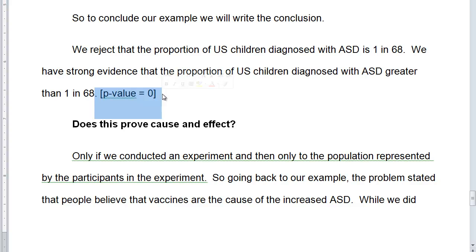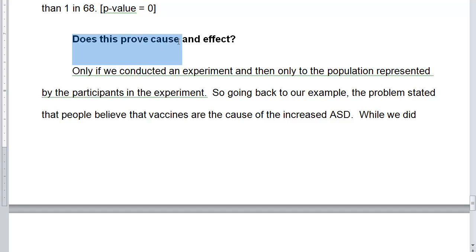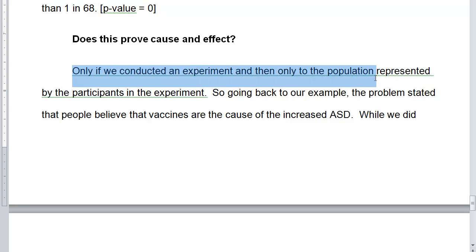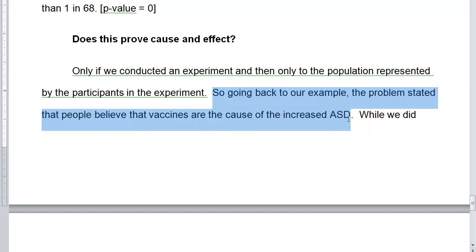All right? So now, does this prove cause and effect? Well, only if we conducted an experiment, and then only to the population represented by the participants in the experiment. Okay? So going back to our example, the problem stated that people believe that vaccines are the cause of the increased autism spectrum disorder.